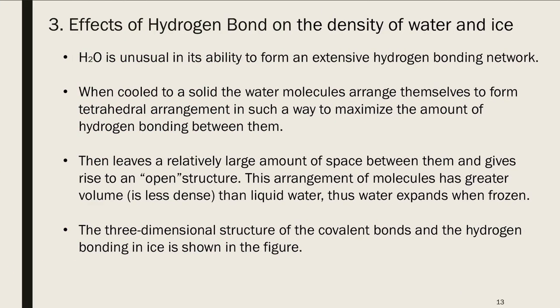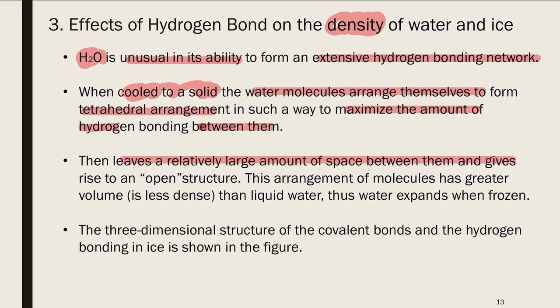Lastly, let's take a look at the effects of hydrogen bond on the density of water and ice. So we know that water is unusual in its ability to form an extensive hydrogen bonding network. So when the water is cooled to solid, okay, it will arrange themselves to form a tetrahedral arrangement in such a way to maximize the amount of hydrogen bonding between them.